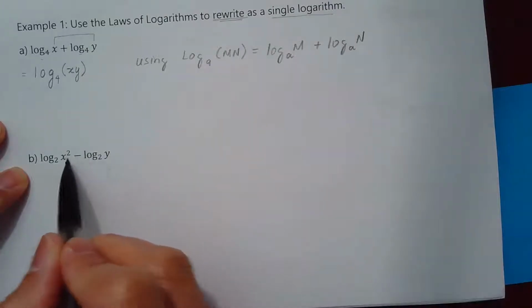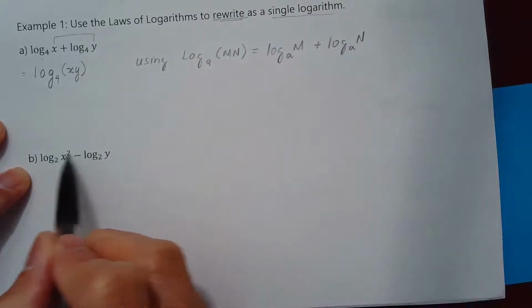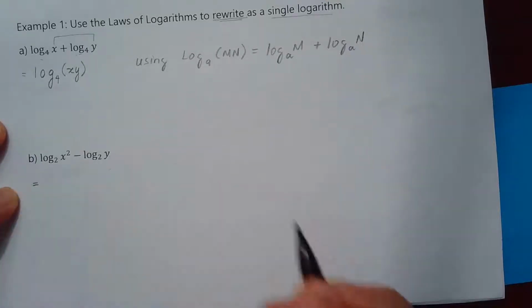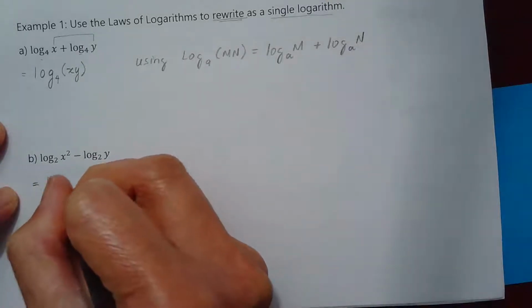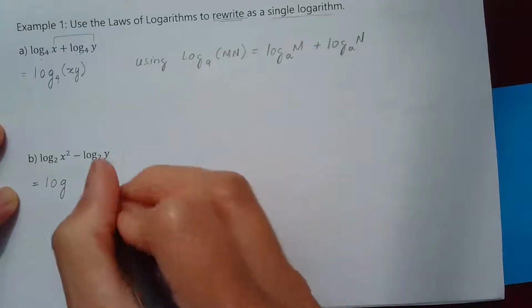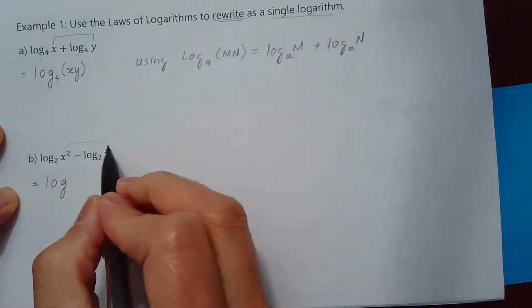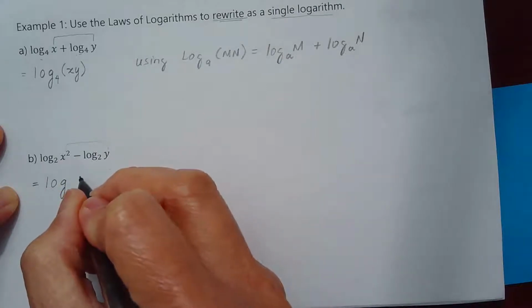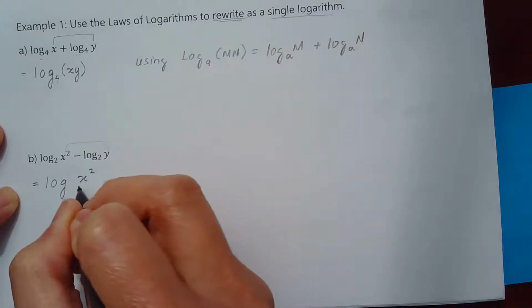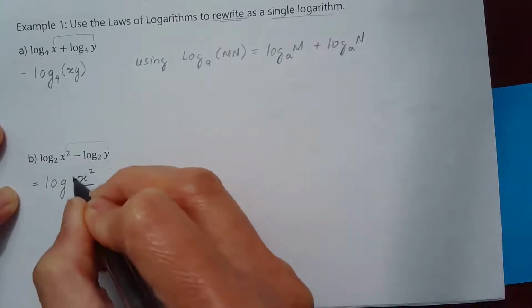Now take a look at this one. Two things are subtracted. Two exponents are subtracted. So that means we can rewrite that as log of, if it's subtracted, it means these two have to be divided. So it's going to be x squared divided by y.